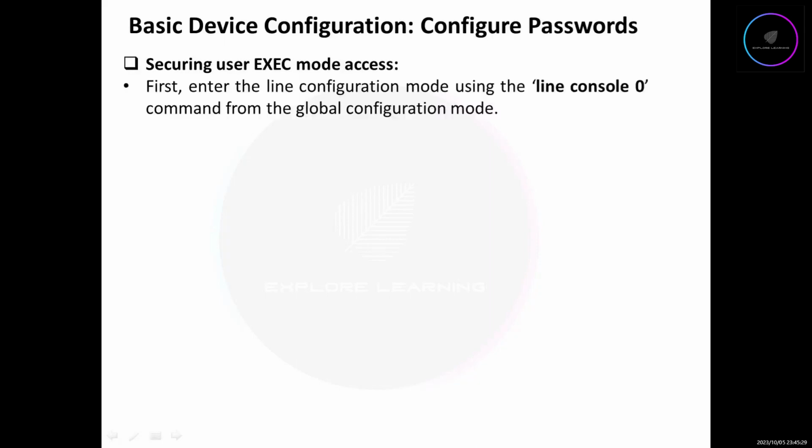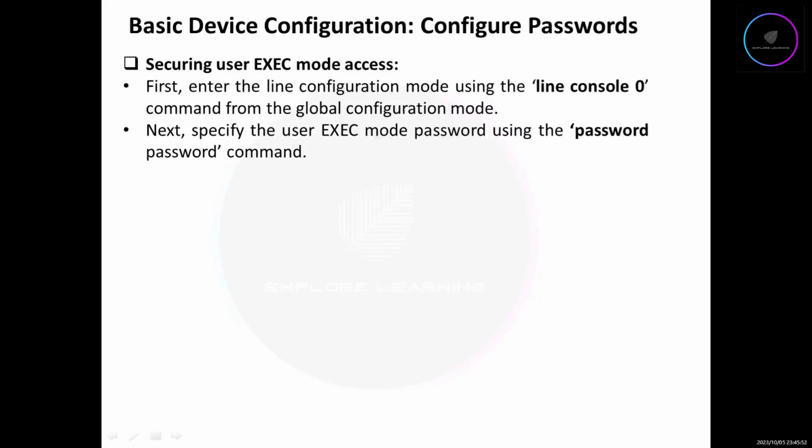First, we need to enter the line configuration mode using the line console 0 command from the global configuration mode. Because we're securing the access to the switch, and remember we access the switch using the PC, we have to secure that line, which is the line console. That's the first thing we need to do.